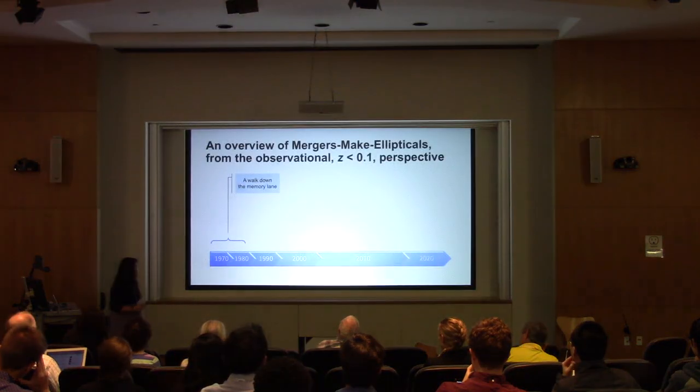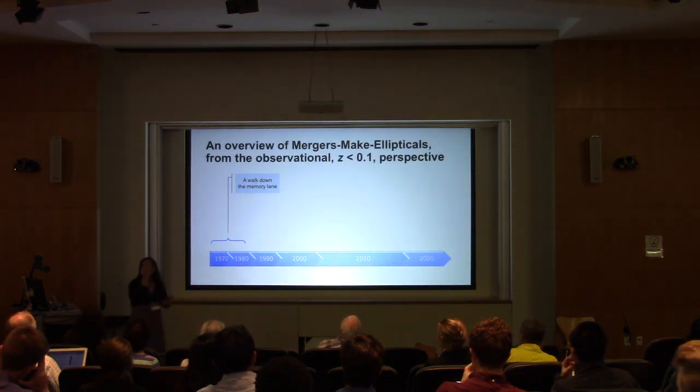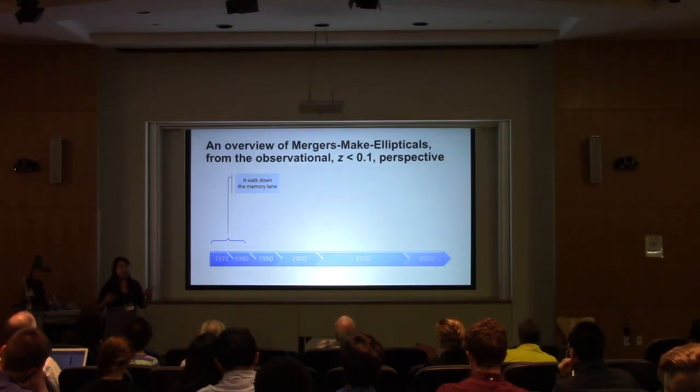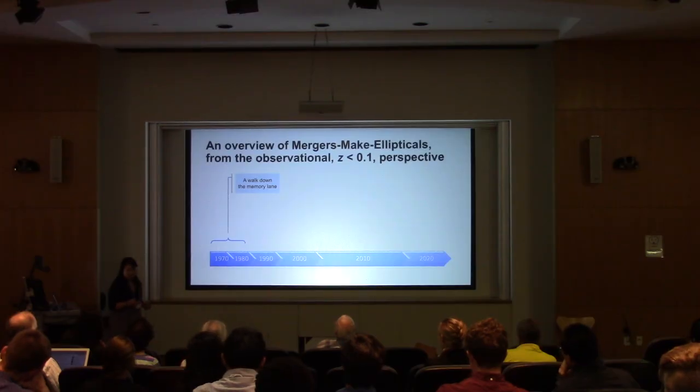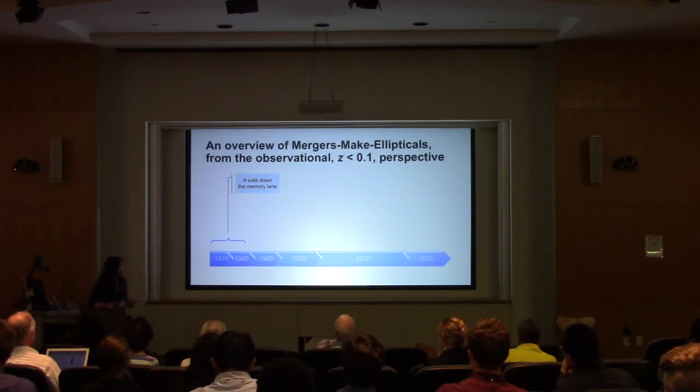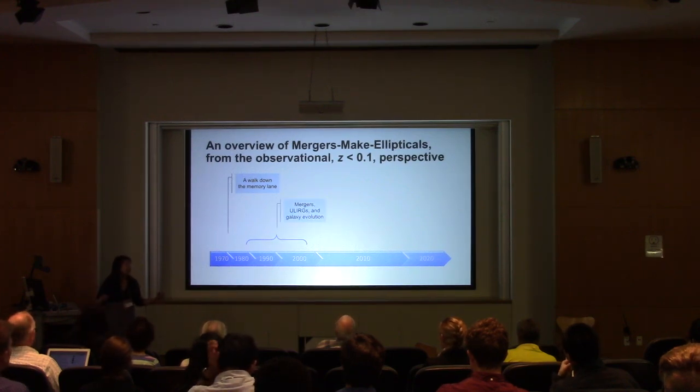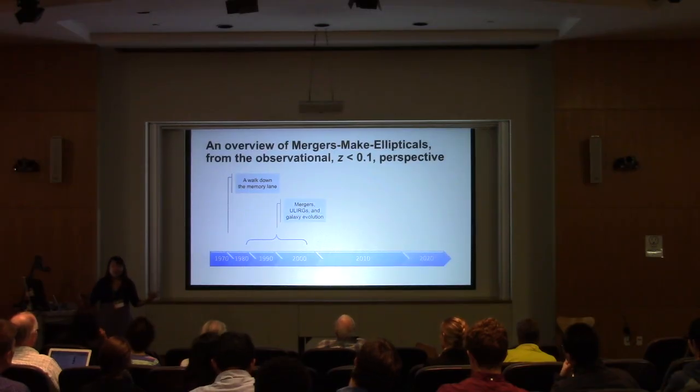Okay, so today I'm going to give you a narrative about the merger-driven scenario of galaxy evolution from a low-z observational perspective. I'm going to first have a quick walk down memory lane, and then I'll tell you about what mergers and U-LIRGs are and how they're related to each other, and what role they play in galaxy evolution.